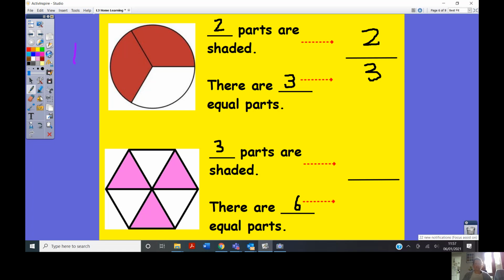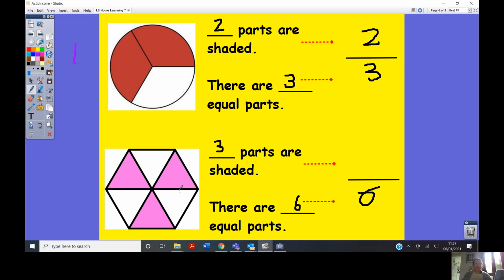Now we need to write our non-unit fraction. There are 6 equal parts all together, which make up our whole. I know that my denominator tells me how many equal parts there are all together, so I'm going to write my number 6 there.